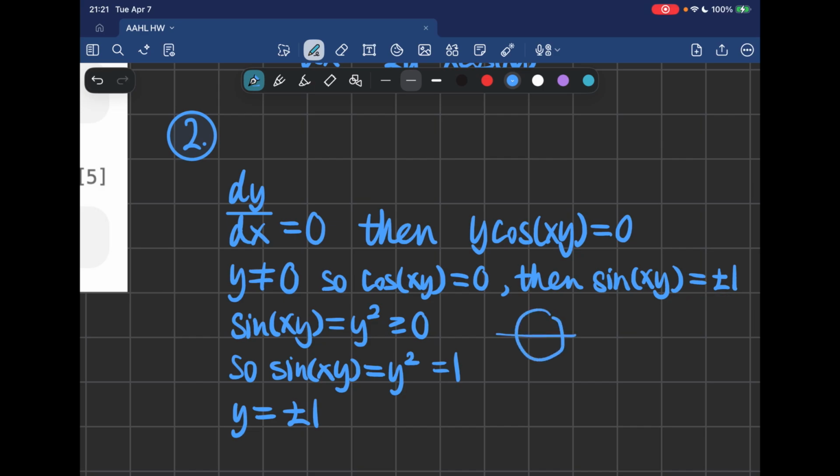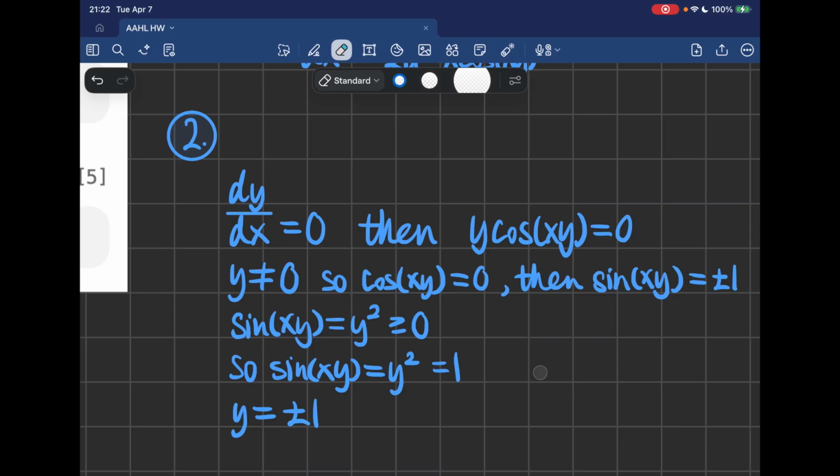Well, if we look back at the unit circle, like cosine is on the x-axis, so it can only be this point or this point. So sine xy can only be 1 or -1 when cosine xy is 0. So that's how it looks like.